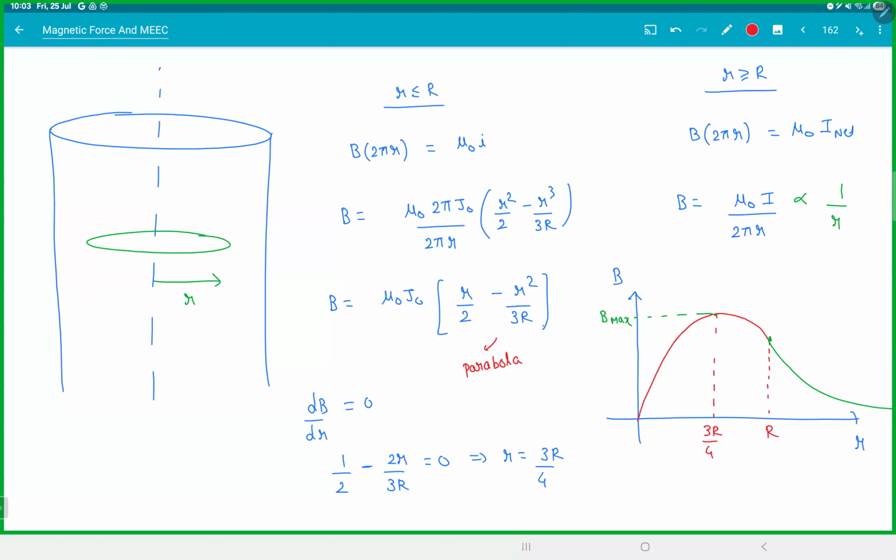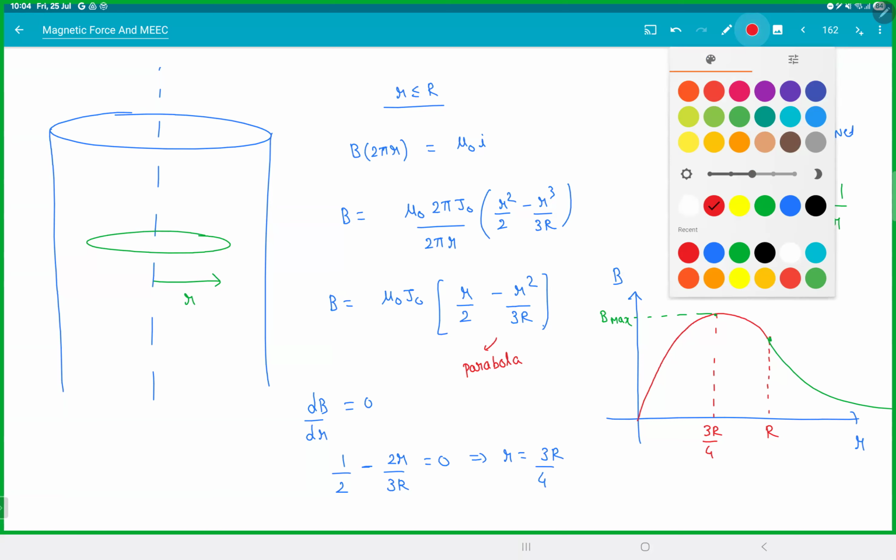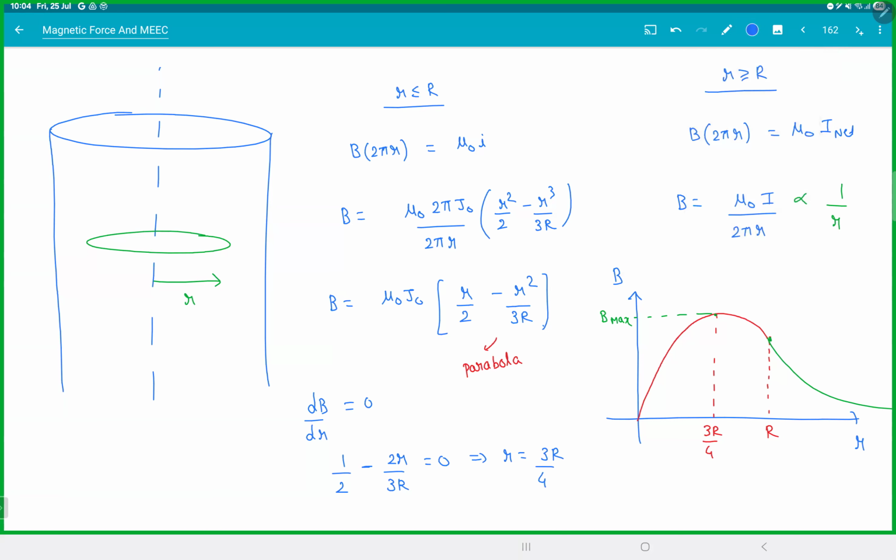Any doubts on this? So every time you won't get uniform fields. If you get a non-uniform one, these questions, right? This hollow cylinder and solid cylinder, you can't do this with Biot-Savart's law. Ampere's law will save you there. So till now, we have seen all the shapes: finite wire, arc, field on the axial line for a ring, solenoid, infinite plate, hollow cylinder, solid cylinder.